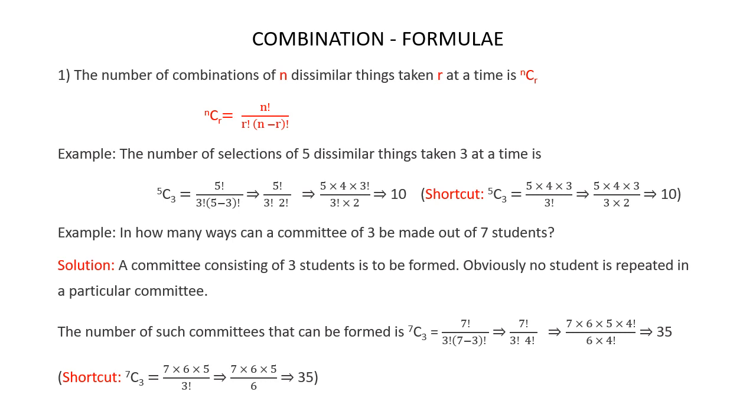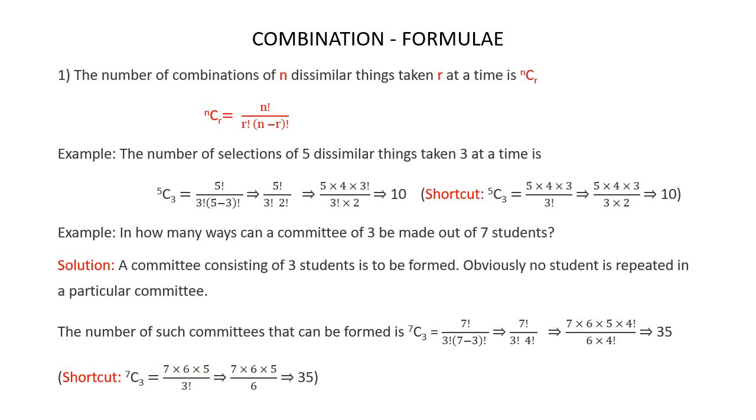Now the value of 7C3 can be found out using the shortcut method. So in the numerator, starting from 7, in the descending order, there has to be a multiplication of 3 numbers. So in the numerator, it is 7 multiplied by 6 multiplied by 5.